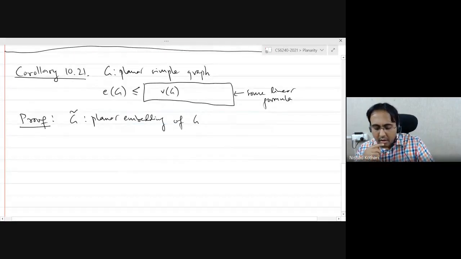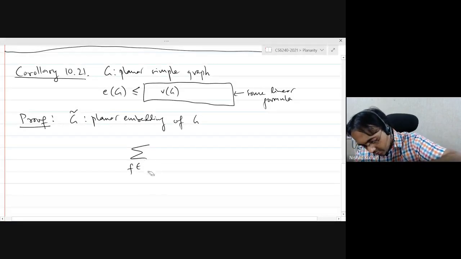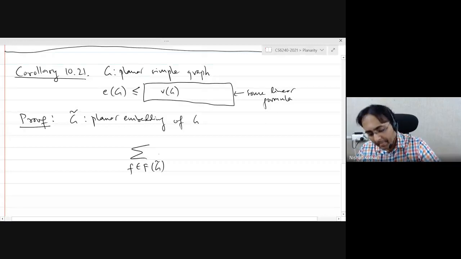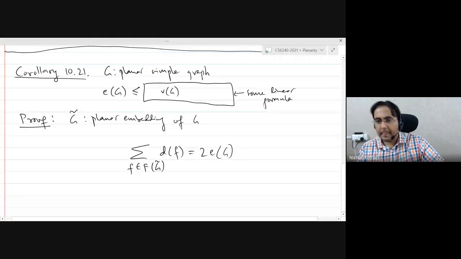And let's see, supposing I sum up the lengths of the faces or the degrees of the faces, I would get 2 times the number of edges, right? So if I take all the faces of the graph, what I would get is 2 times the number of edges of the graph, right?